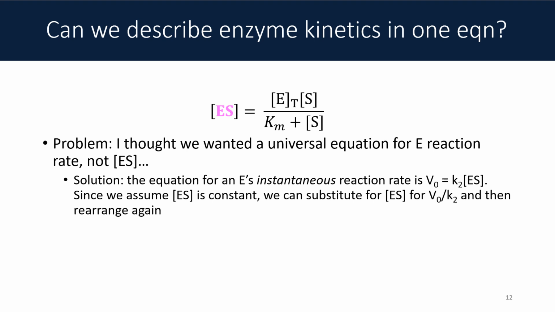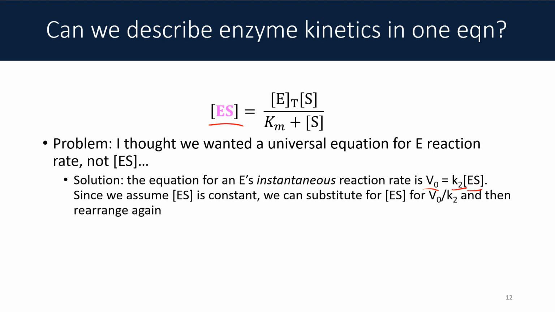However, our goal at the onset was to create an equation that will solve for reaction rates. ES is not the reaction rates. But if I told you that the initial rates of an enzyme's reaction, which we'll call V naught, is simply the product of the K2 term and ES, we can do another substitution.